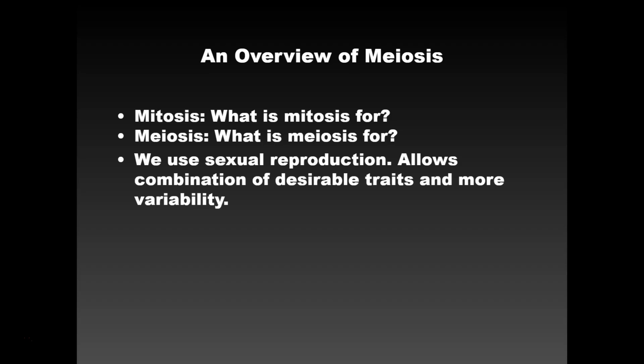And as we're going to see in a moment, the whole point of those gametes is to increase genetic diversity so that we can reproduce sexually. And sexual reproduction allows these combinations of traits to come together, and it also increases the diversity of a group of organisms, which is going to be advantageous.